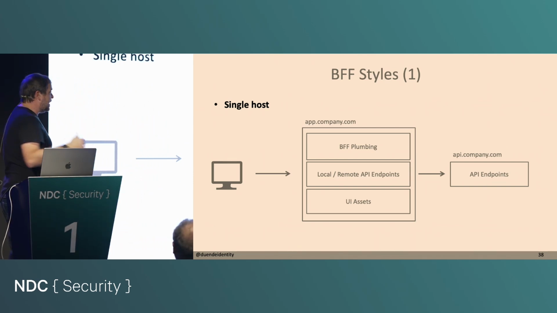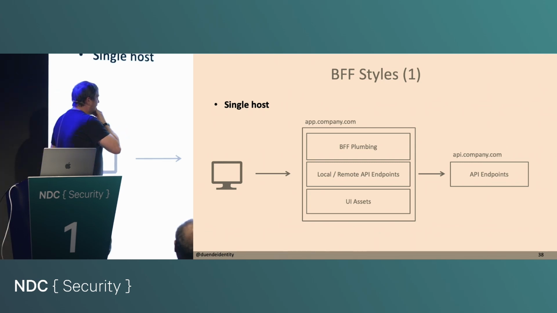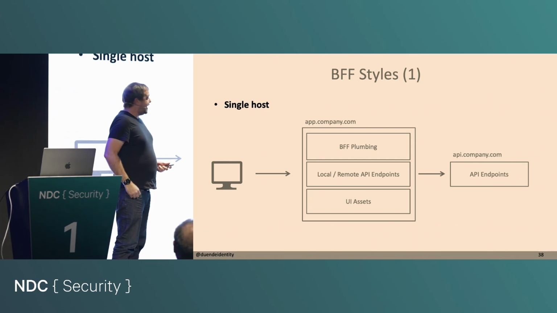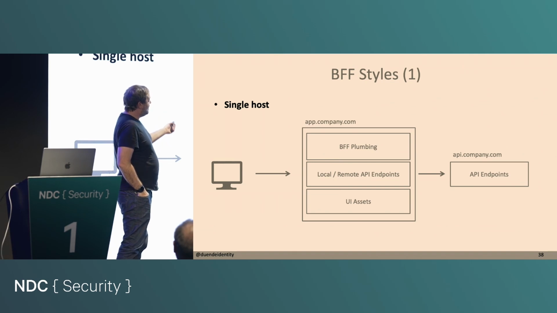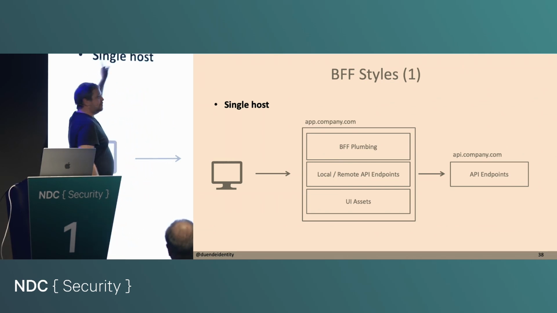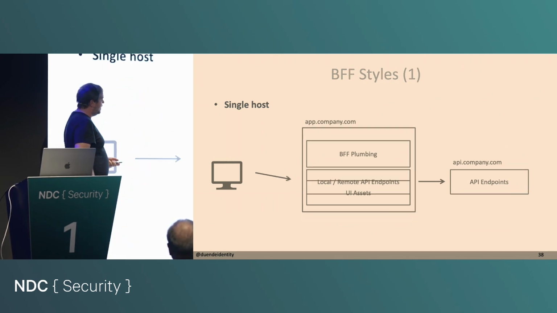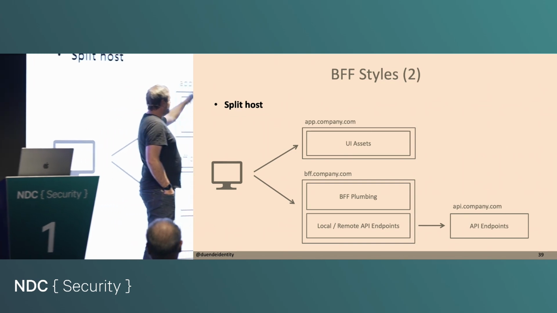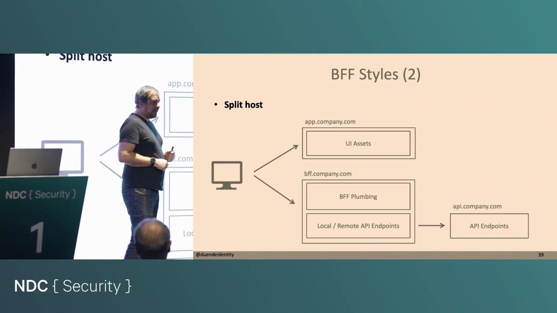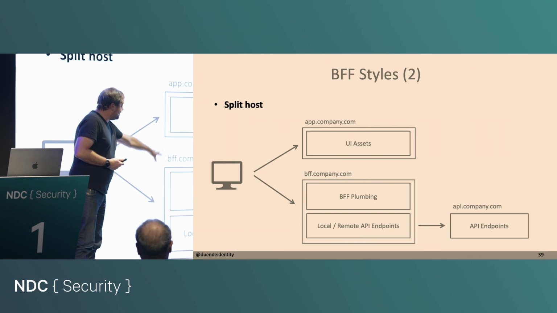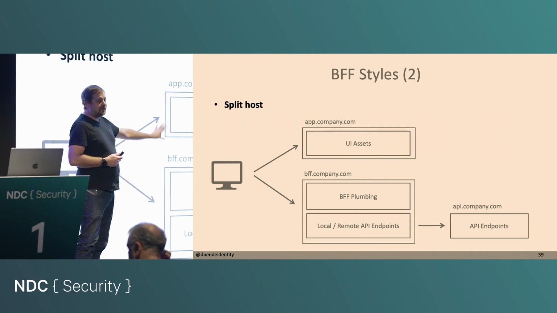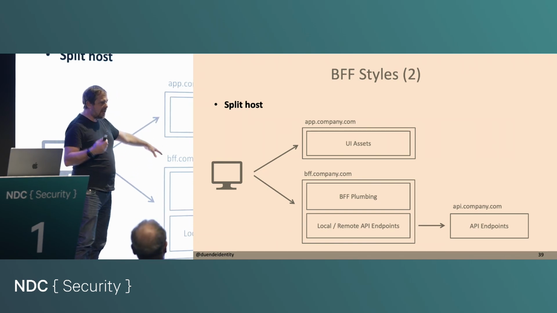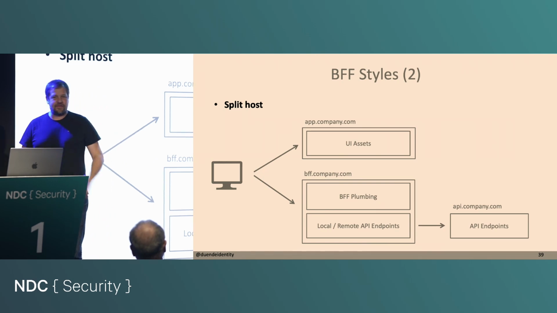Once the teams get bigger, maybe they want to use different technologies, then we very often see a split host architecture. One flavor of a split host architecture would be this, where your UI comes from one URL, which could be a CDN, and the BFF lives on a different, typically a different subdomain, so that you get the same site thing.